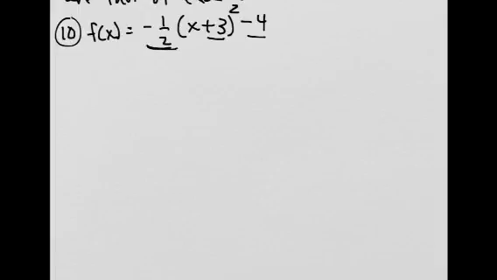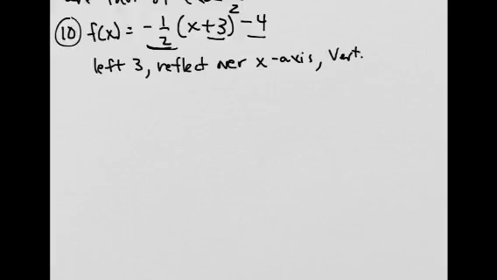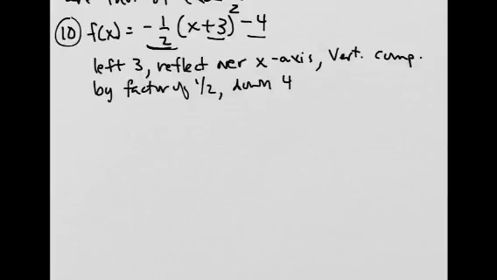Okay, so it's going to go left 3, reflect over x-axis because of the negative in front of the 1/2. It's going to have a vertical compression. You have to say the factor, by a factor of 1/2. And then it's going to go down 4.